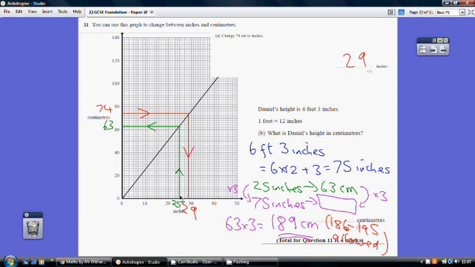So I've taken 25 inches being 63 centimetres. 75 inches is 3 lots of 25 inches, so it's going to be 3 lots of 63 centimetres, which is 189 centimetres. You just need to take a reading and then using proportion convert that into 75 inches' worth. The mark scheme allows a bit of flexibility because it's quite hard to read.